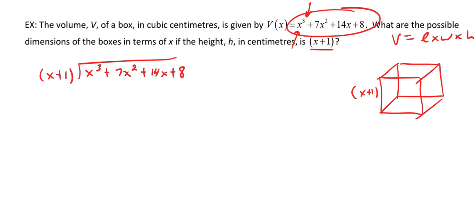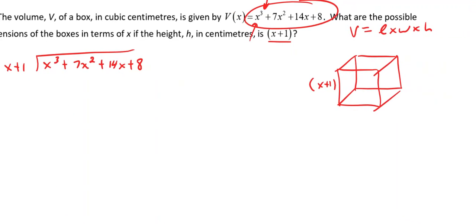Here, I don't need the brackets on that. Okay, and then just remember what we're doing here. So when I divide this, what we're going to get is, well, x plus 1 times some other polynomial will multiply together to give me this.